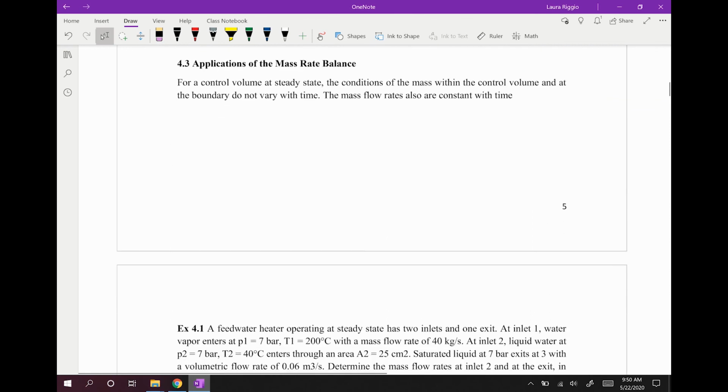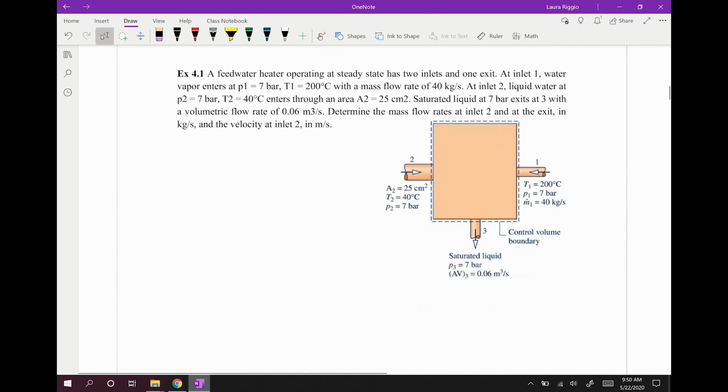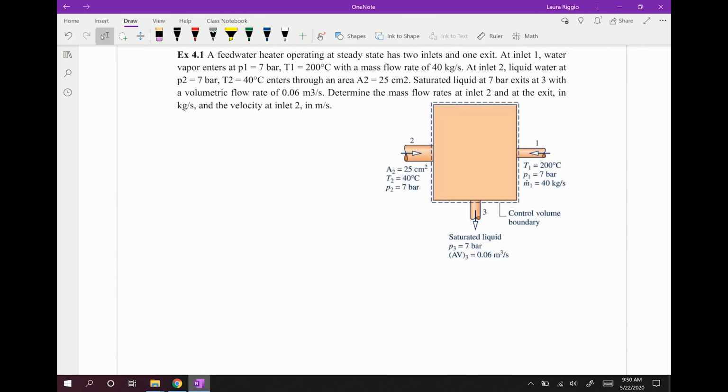So we're going to look at another example of an application of a steady state mass balance. We have a feed water heater that's operating at steady state. It has 2 inlets and 1 exit. At inlet 1, we have water vapor entering at 7 bar and 200 degrees Celsius with a mass flow rate of 40 kilograms per second.